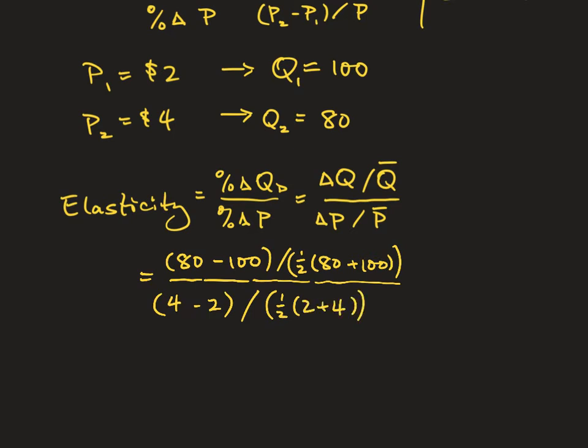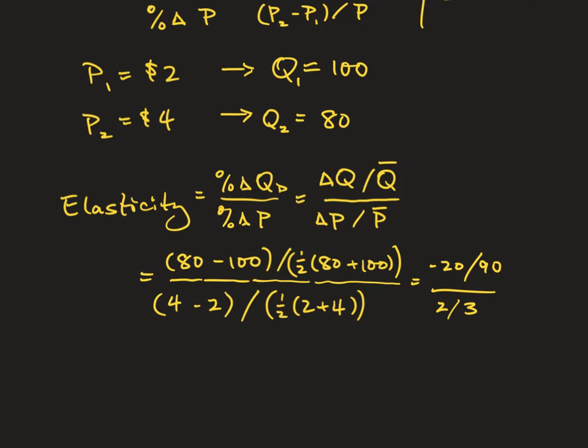Now I'm writing out all the terms here, and it looks like there's a lot of math going on, but this really isn't terribly difficult. In the numerator, the change is negative 20 divided by average quantity 90. And then in the denominator, change in price is 2 divided by average price 3.